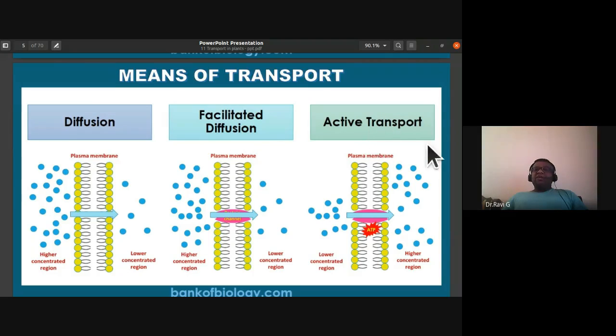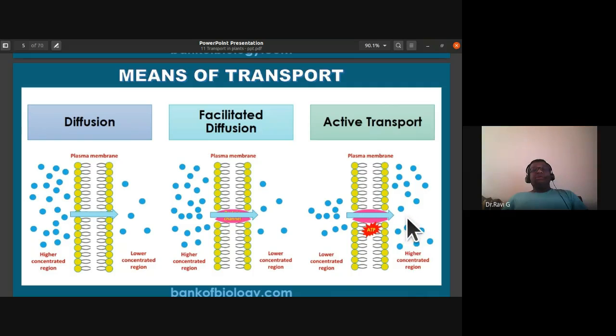In case of active transport, what you notice is that it is against the concentration gradient. So the movement is from a lower concentrated region to a higher concentrated region. So this is against the concentration gradient. And when it is against the concentration gradient, there is expenditure of energy.